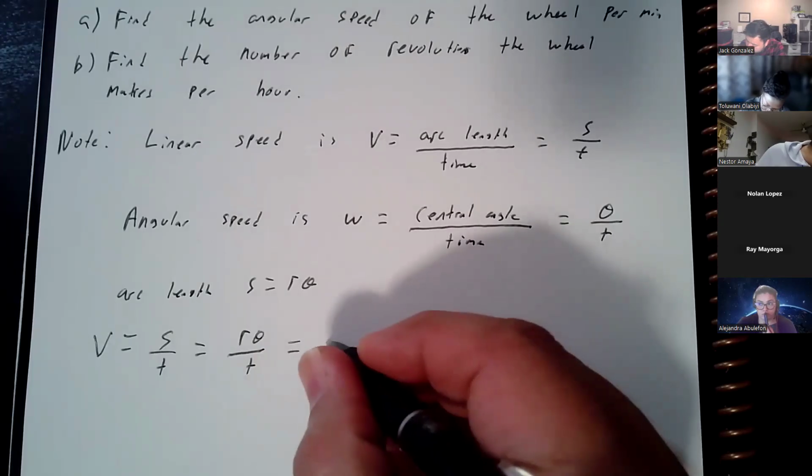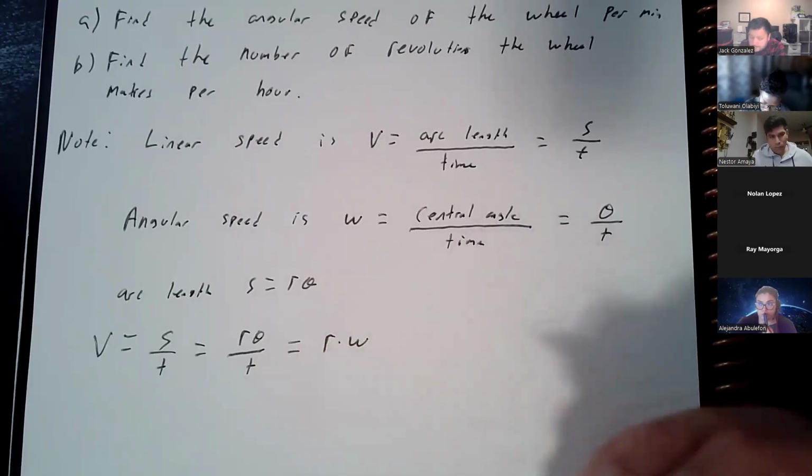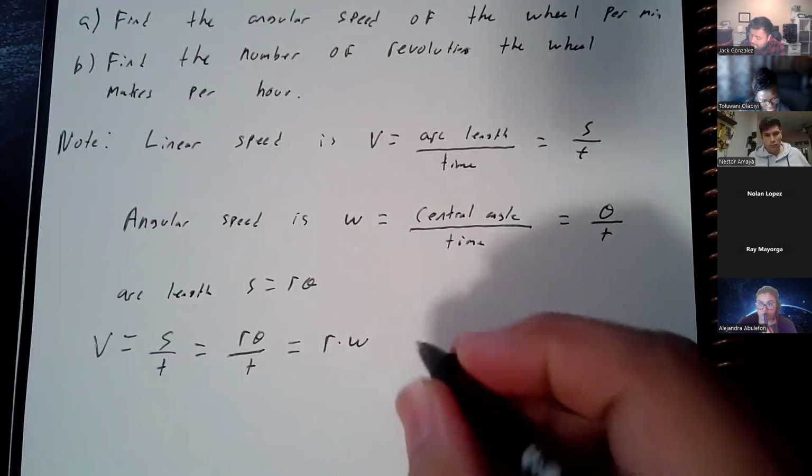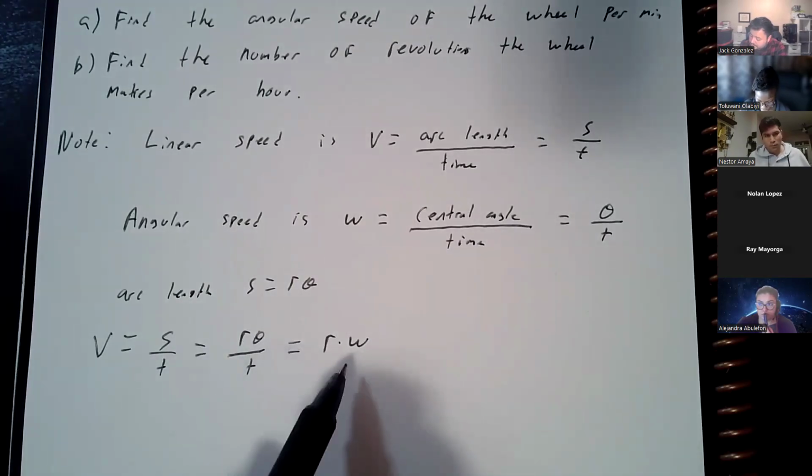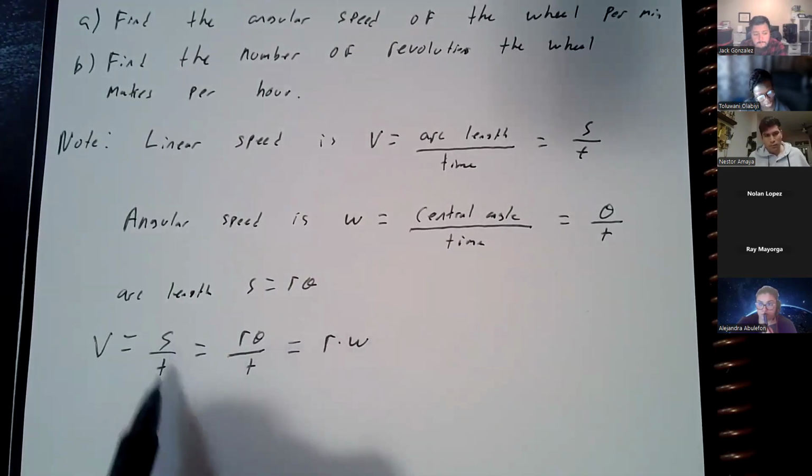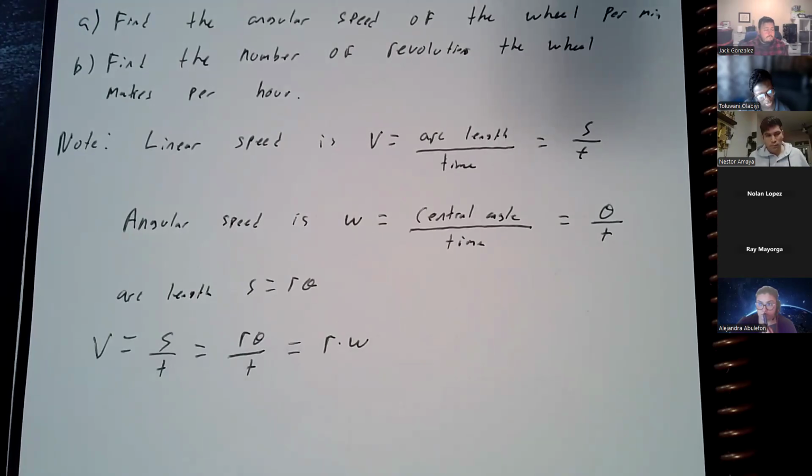So technically V is R omega. So V can be set up this way or this way, depending on what you got. Okay. So we might need all these guys to begin. Got all my formulas.